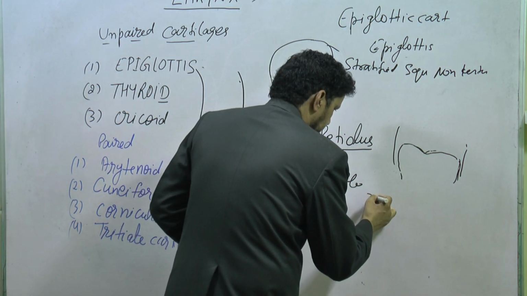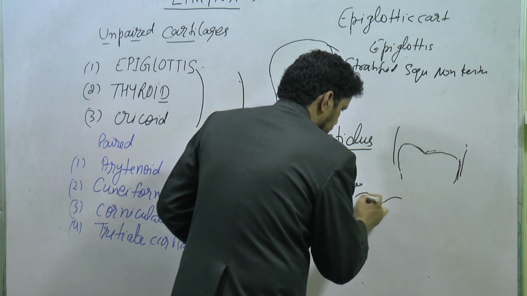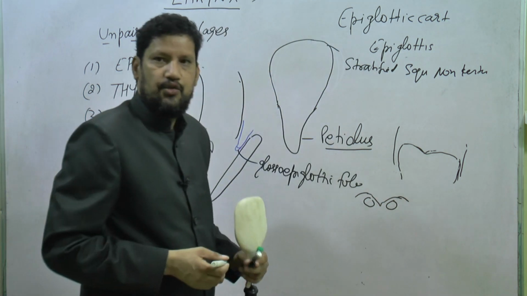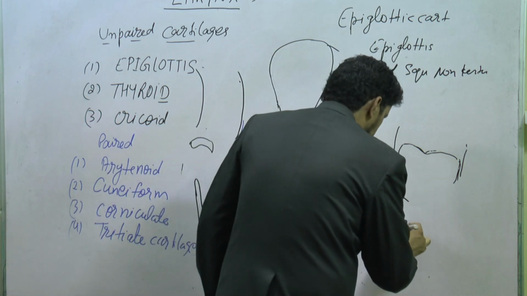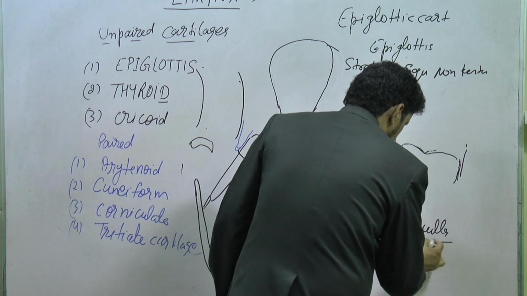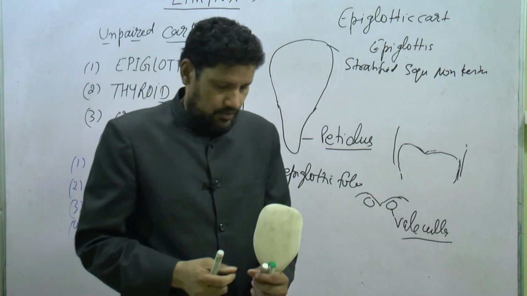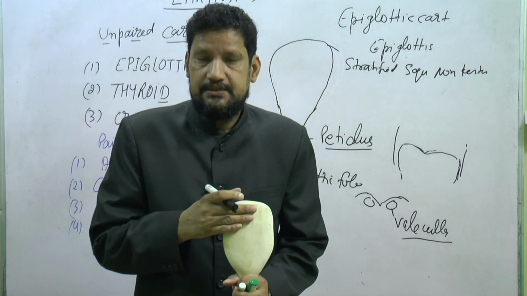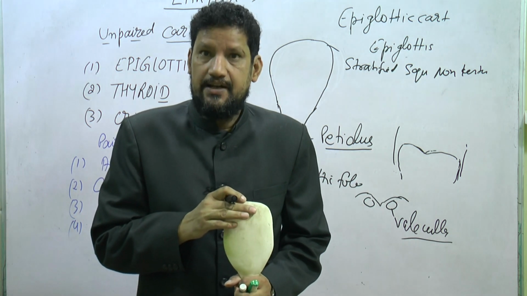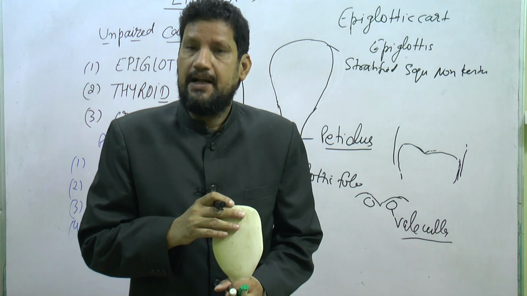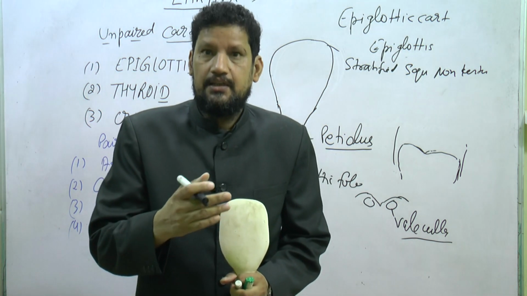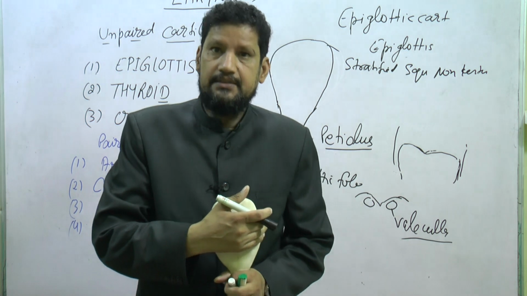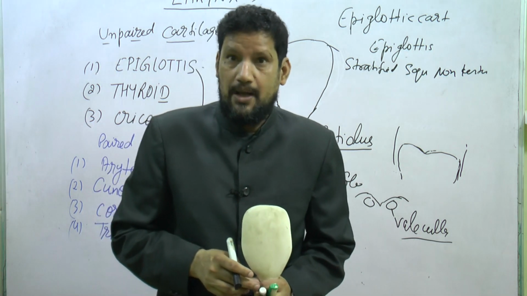So reflecting behind the tongue, these two depressions are known as the vallecula. The superior part of anterior surface of the epiglottis is covered by mucosa, which is having stratified squamous non-keratinized epithelium and reflecting on the posterior surface of the tongue as median glossoepiglottic fold and the lateral part of the pharynx, forming the lateral glossoepiglottic fold.